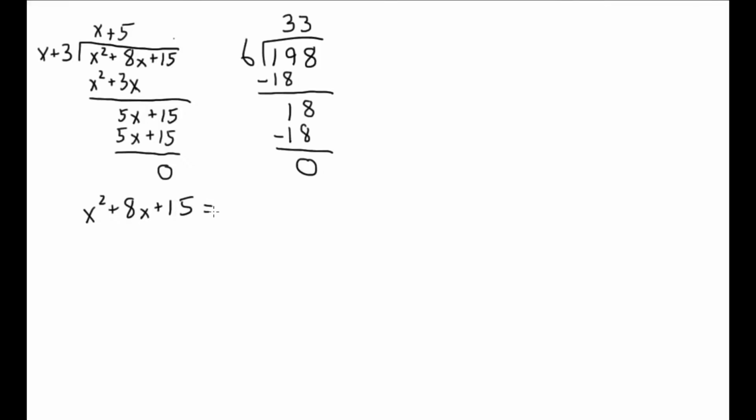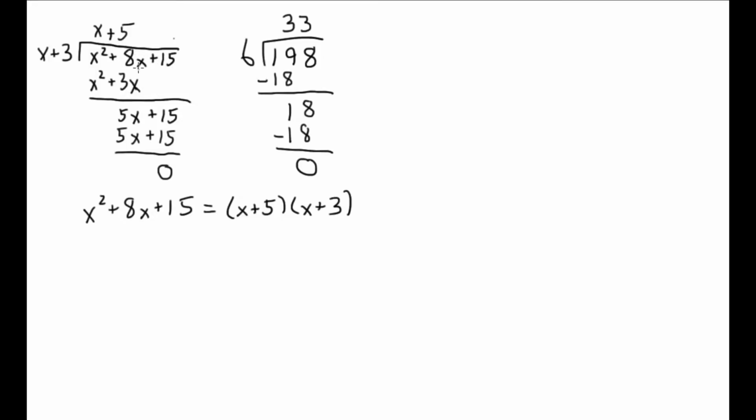That's 5 and 3. And look at that. When we factor this quadratic, we end up with these same two terms. Here we showed that x plus 5 times x plus 3 equals the dividend. And here we've shown that as well, because the dividend divided by x plus 3 equals x plus 5, which means if we were to multiply them together, we would get back to the original dividend.